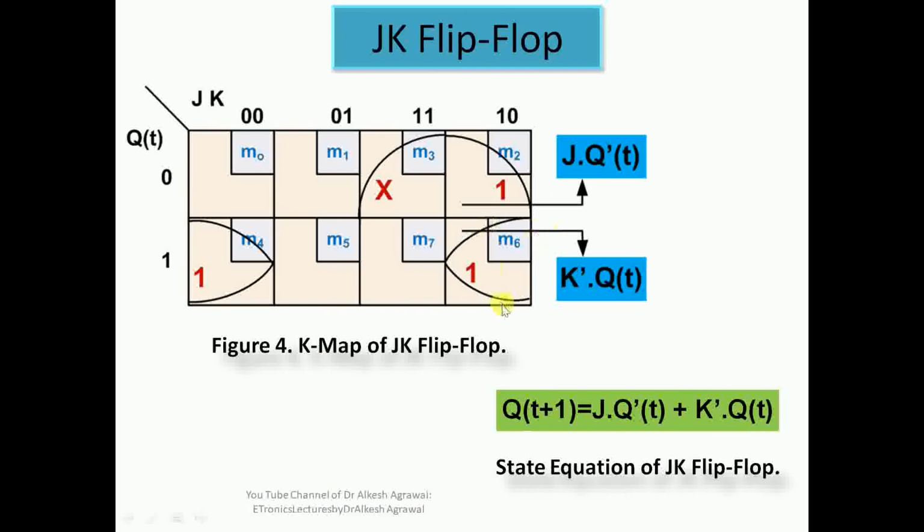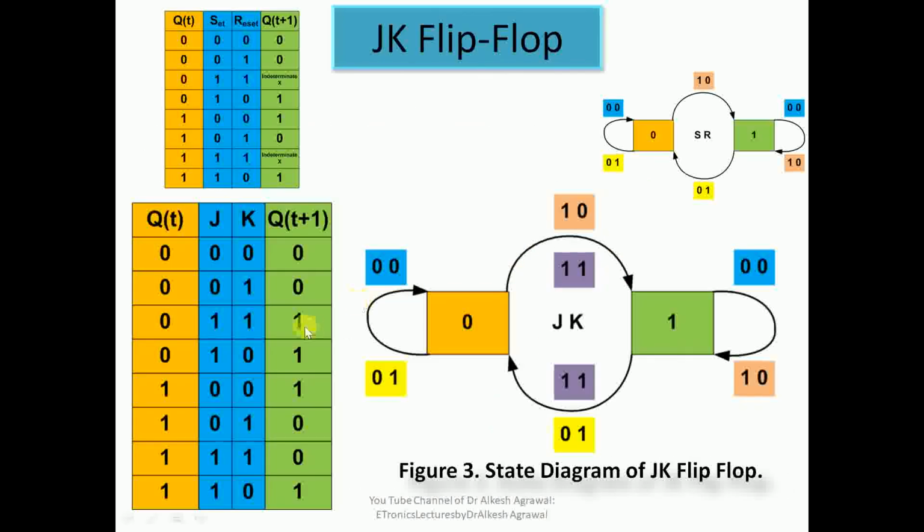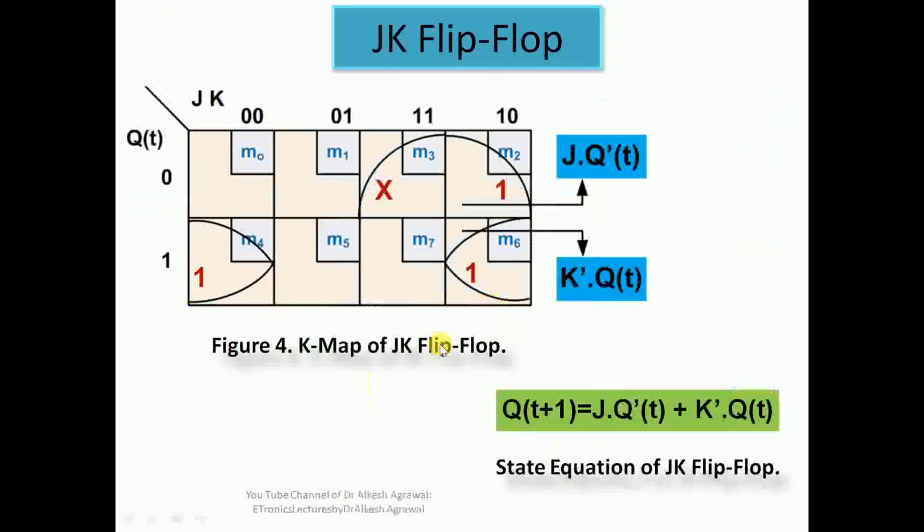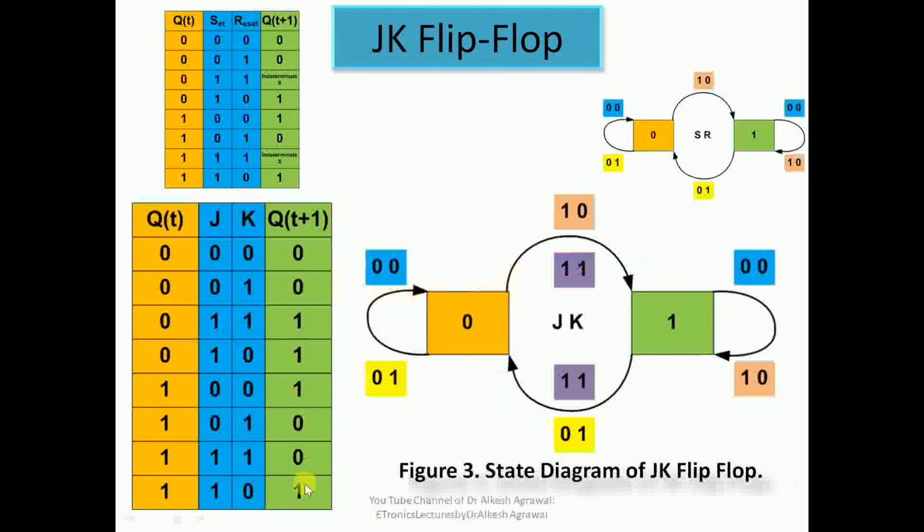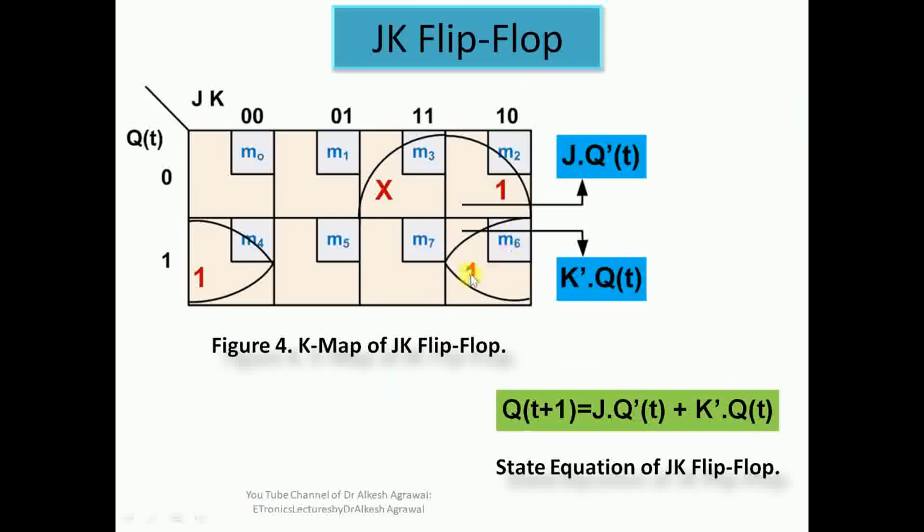Now we'll see the state equation. So we have plotted these minterms, 0 1 1, that is M3, M2, M4 and M6.